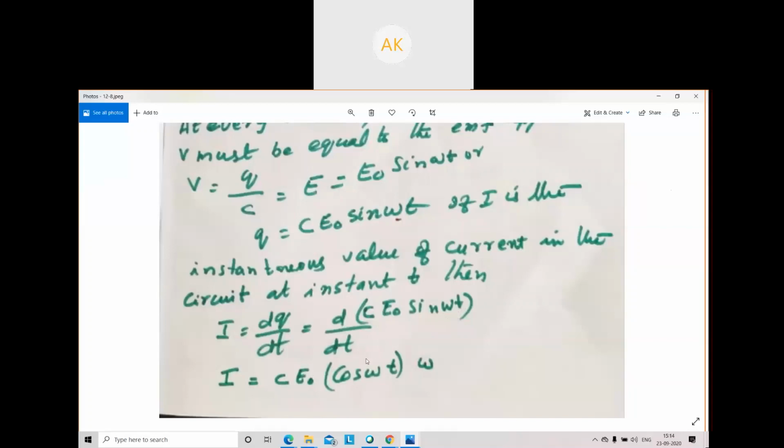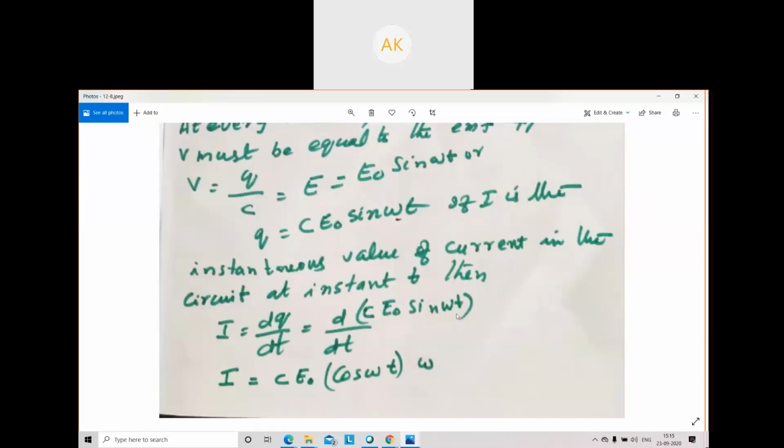It is cos omega t, and again you have to differentiate this function omega t with respect to time. Therefore we get omega, and we have to multiply that with omega. The differentiation, I think you studied that. So C E0 cos omega t into omega.